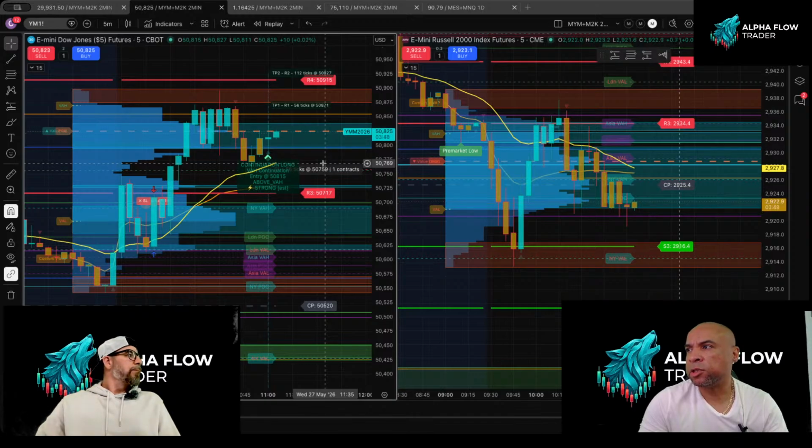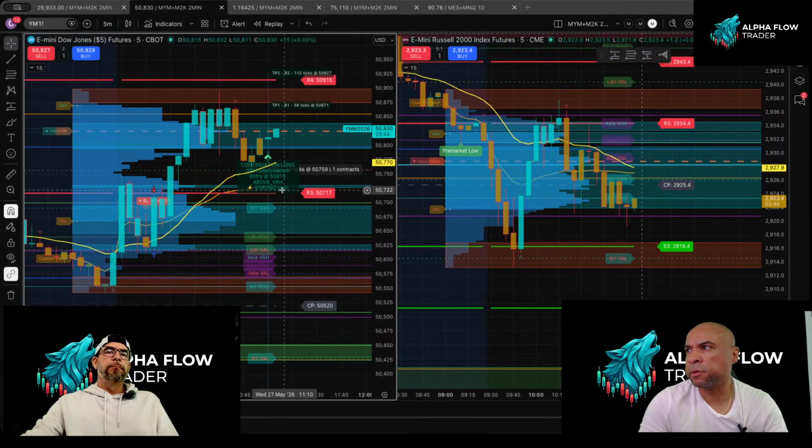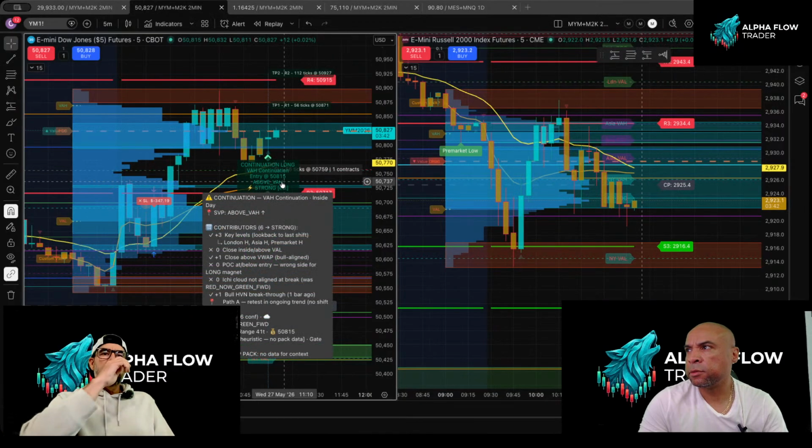Just trying to look at the confluences on this Dow trade. We've got London high. We closed back above London high, Asia high, pre-market highs, on the right side of VWAP. Break through a high volume node.